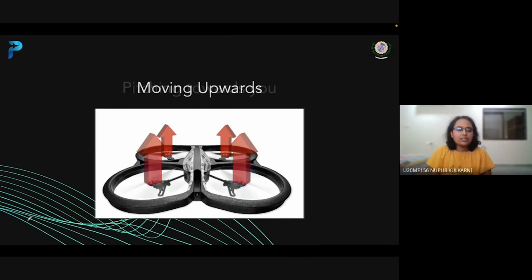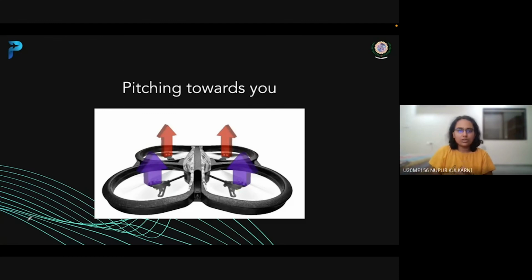The next we'll see is pitching moment. And consider in this that the drone is pitching towards you, like it is pitching towards the screen. So to make a drone pitch forward, we have to increase the power applied to the rear motors.